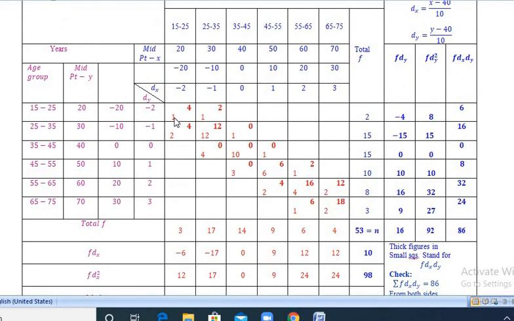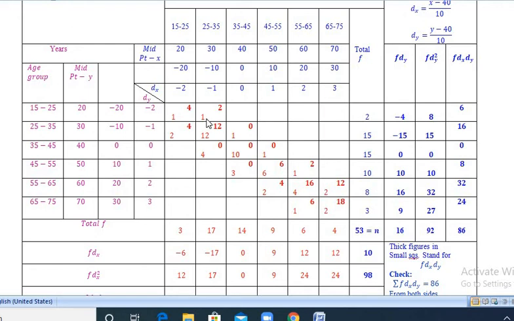Then the corresponding values of dx dy, corresponding to the frequency 1, dx is minus 2 and dy is minus 2. Their product, minus 2 into minus 2 plus 4 into 1, it is 4, right?